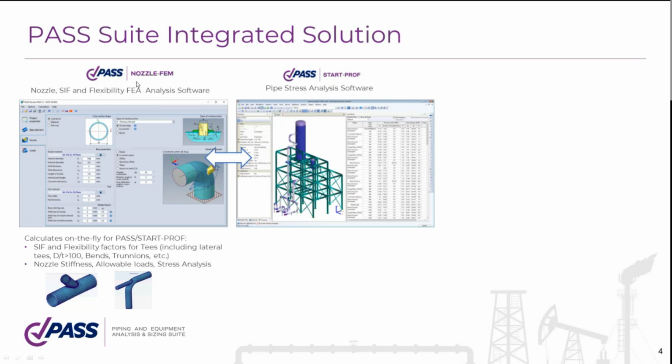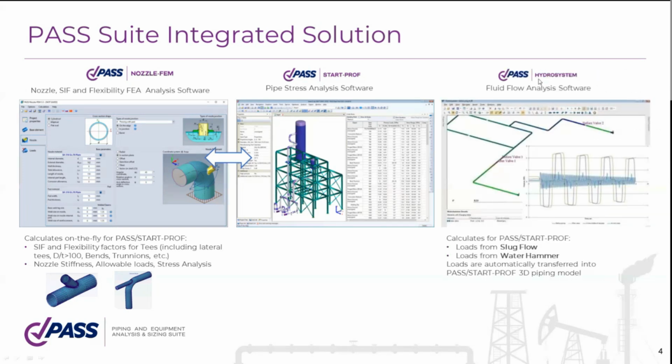It can calculate the nozzle flexibilities using the finite element method, nozzle allowable loads, nozzle stresses, and also the stress intensification and flexibility factors for tees, for non-standard tees like lateral tees, for example, for trunnions and other elements. It is smoothly integrated with StarProf. So you work in the StarProf interface and it automatically calls the nozzle FEM software in the background and calculates the flexibilities, stress intensification factors, and so on for you.